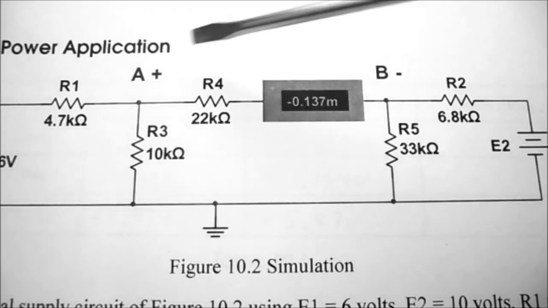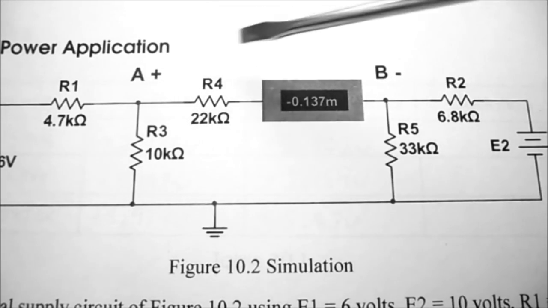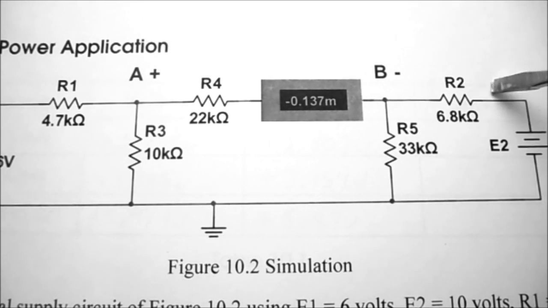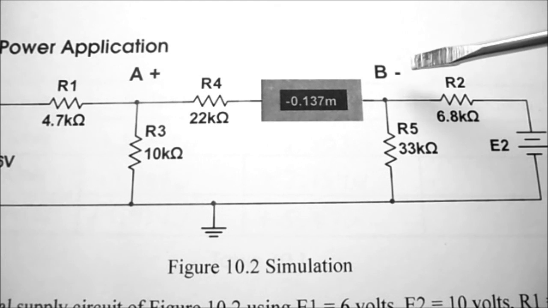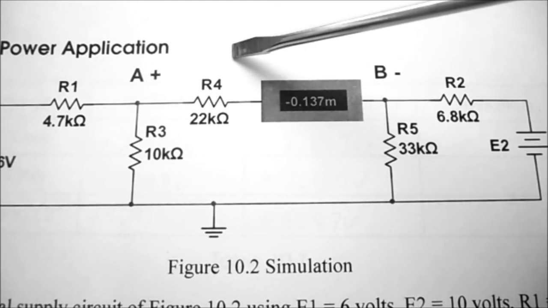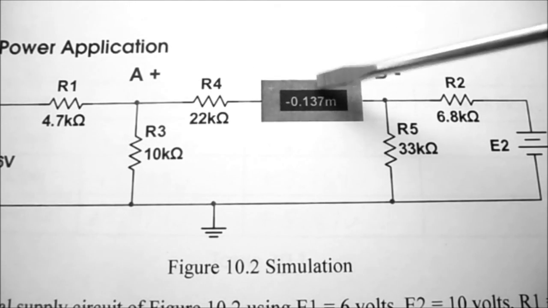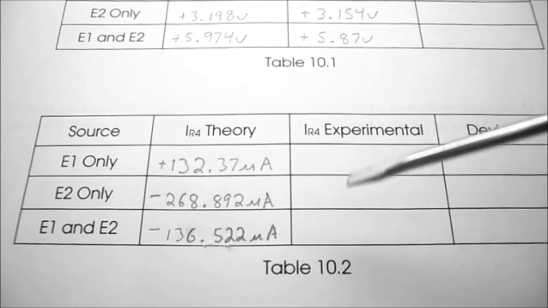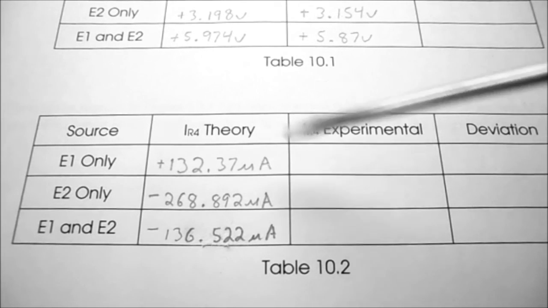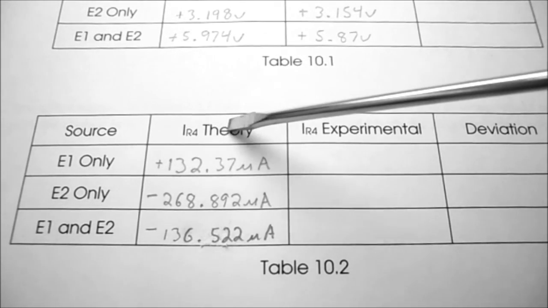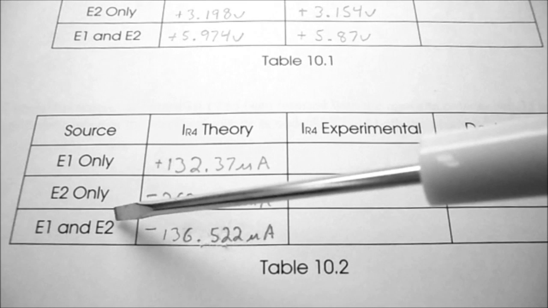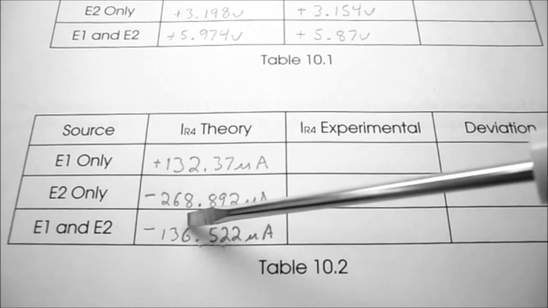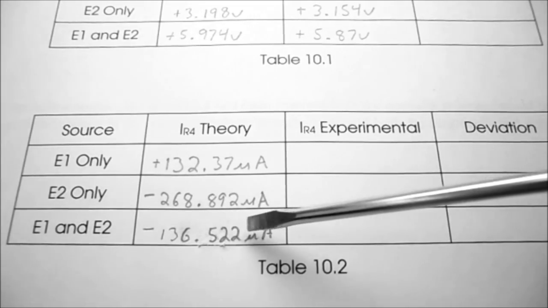So we wanted to sense the current flowing from point A to point B, and in reality, because of the 10 volt supply on this side, the current is actually flowing backwards, and that's why we're getting a negative reading. So under table 10.2 for R4 theory, with E1 and E2 in the circuit, I've recorded minus 136.522 microamps.